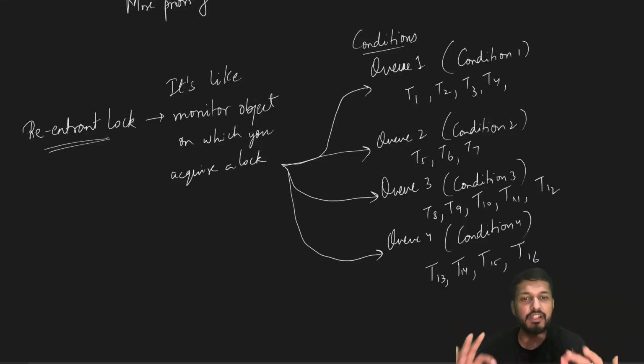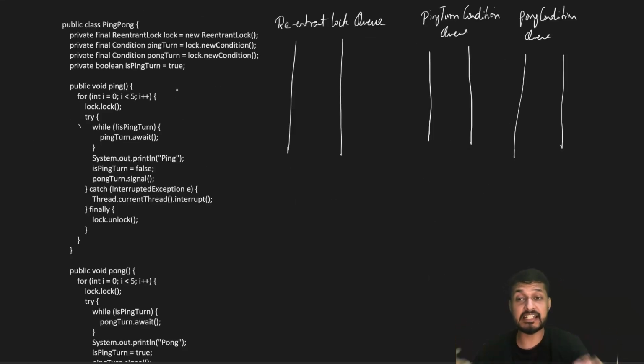Let's take an example of printing ping pong and try to do it using reentrant lock and condition. Now pay complete attention for the next 5 minutes, okay? Because this is very important. This is a class named PingPong, okay? What is the first line? The first line is ReentrantLock lock = new ReentrantLock().